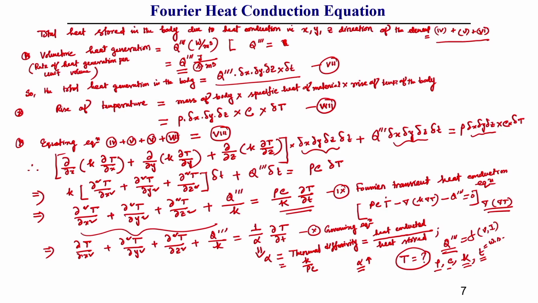Okay. In the next lecture I will discuss in detail the different solutions of this Fourier transient heat conduction equation: what happens if you apply a stationary point heat in a body, what the thermal history over the entire plate will be, and what the temperature history will be if you use an instantaneous line heat source.